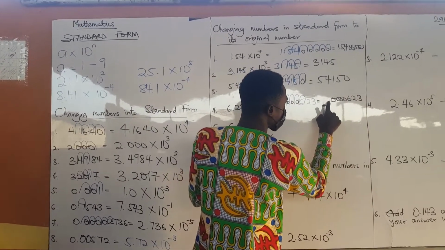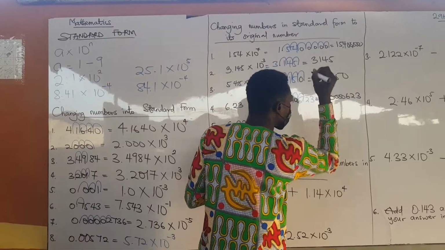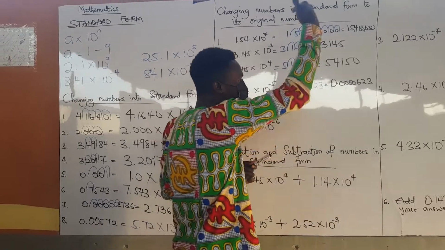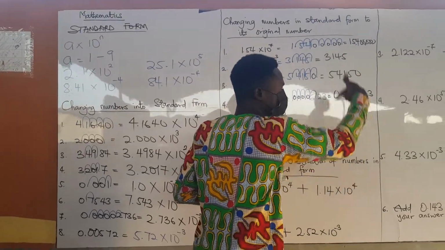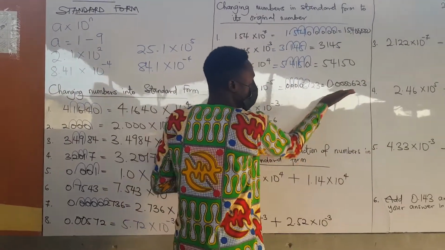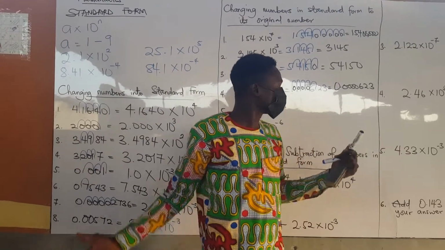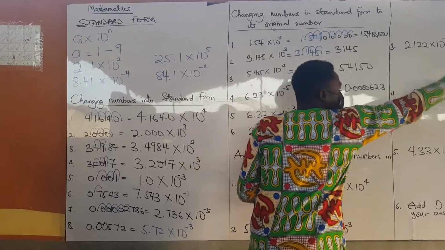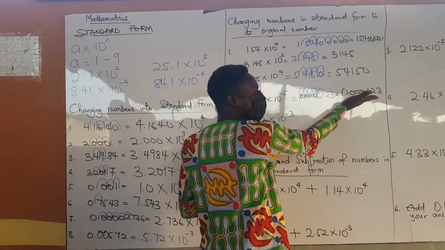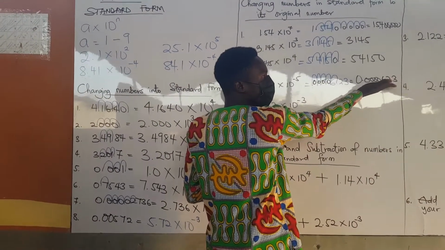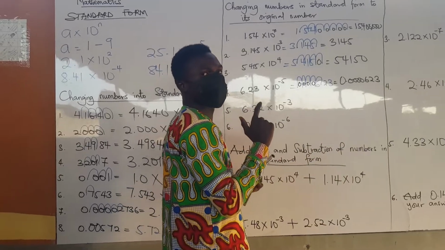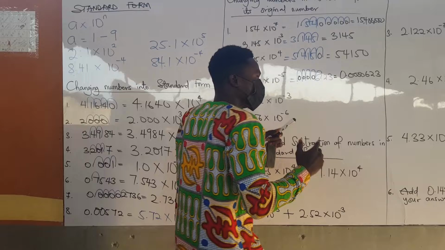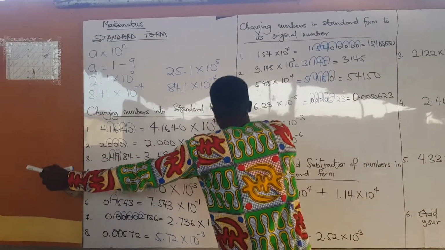Then because there is no number in front of the point, we just bring 0, which will give us 0.0000623. And if you use what we did here to change this into standard form, you move to the right. That is if you are changing decimals like this into standard form. So if the power of 10 is negative, you have to move to your left.